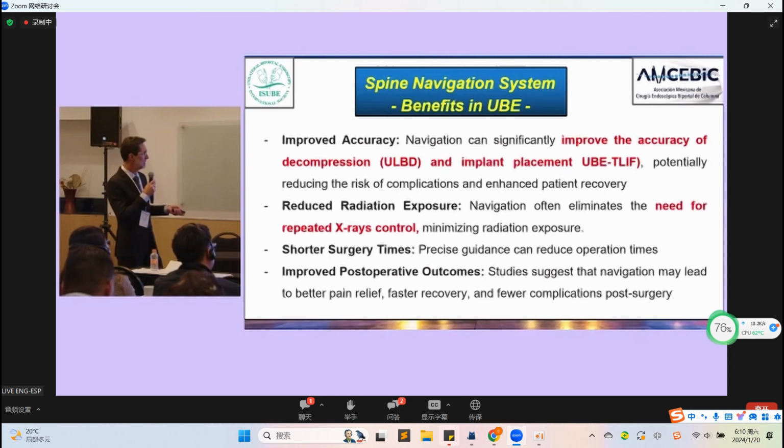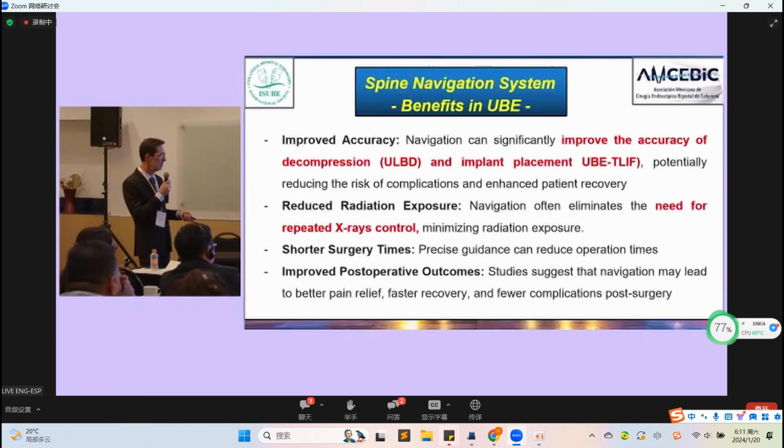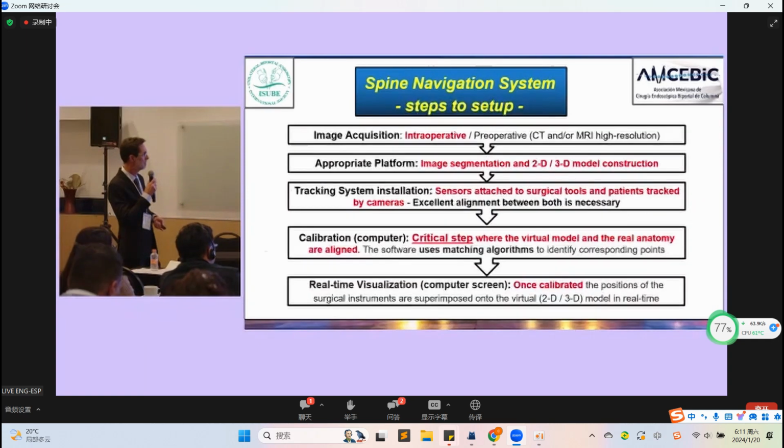The benefits: improved accuracy of decompression and implant placement, and reduced radiation exposure, because after the spine navigation is calibrated, we can use it all the time without needing radioscopy. This can reduce time and improve postoperative outcomes.